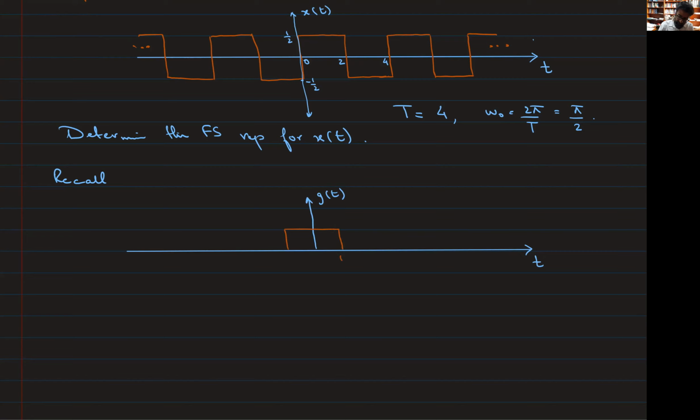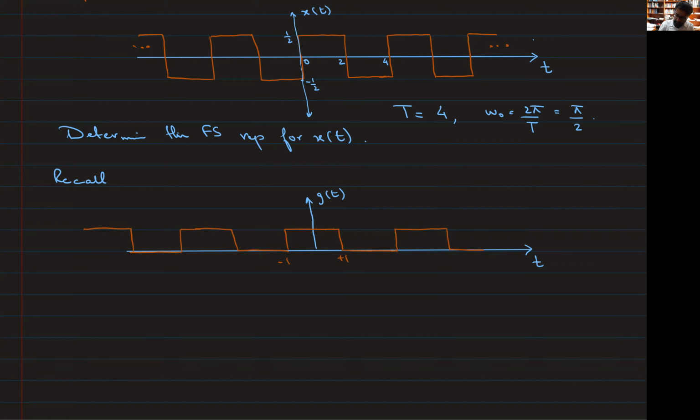This was +1, this was -1, and it stayed 0, and then went up, and then here, and so on and so forth. This is the example that we dealt with in the last class, I think, and we computed the Fourier series coefficients for this.